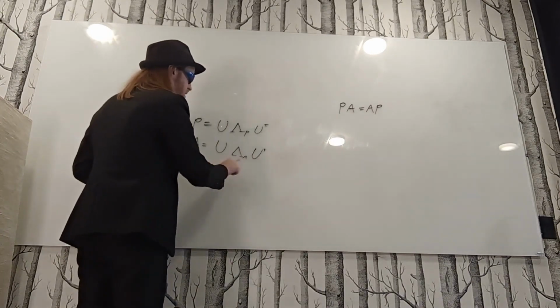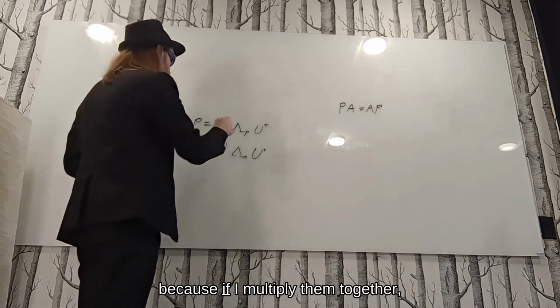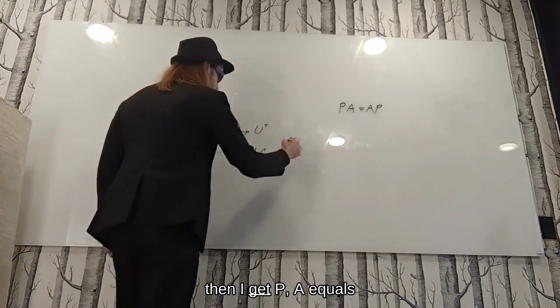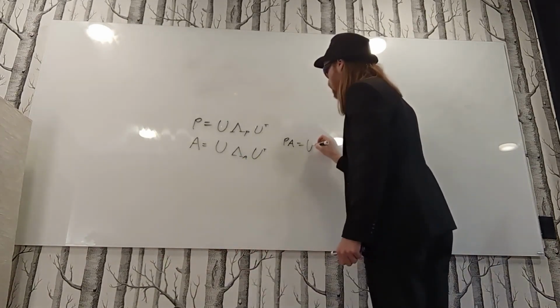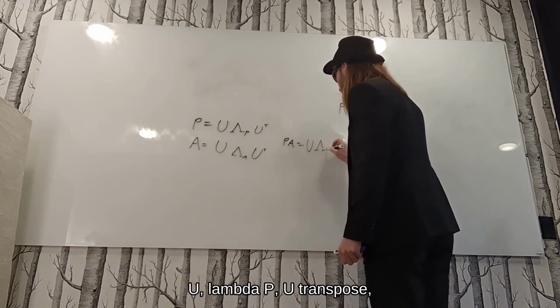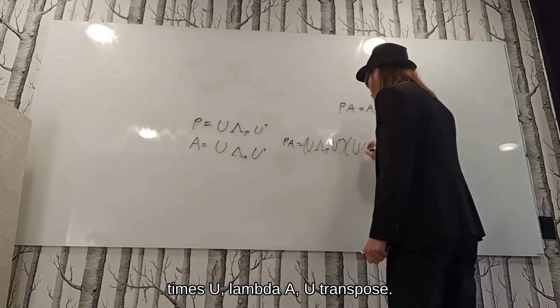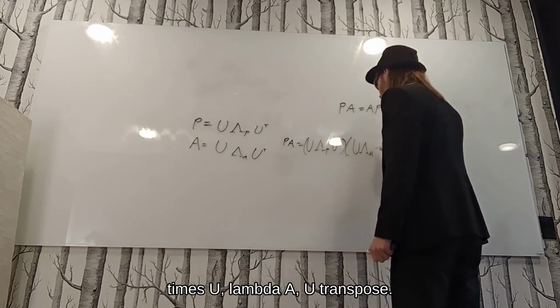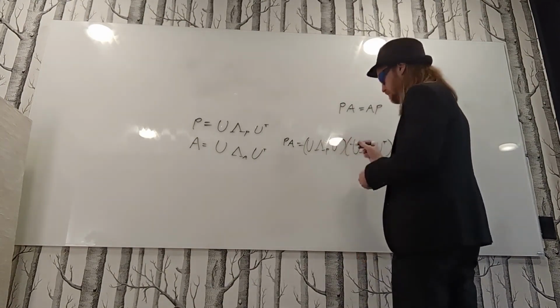In this case, these two matrices will definitely commute, and it's pretty easy to see that, because if I multiply them together, then I get PA equals U lambda_P U transpose times U lambda_A U transpose. This U transpose U cancels.